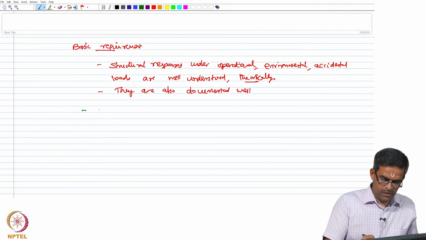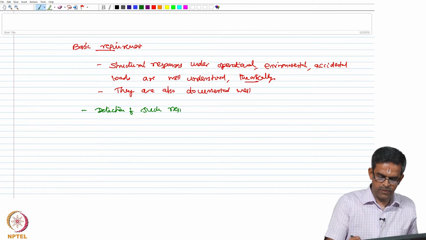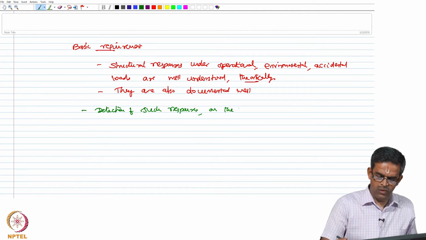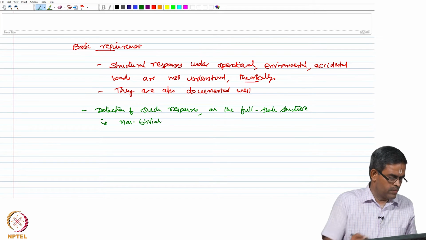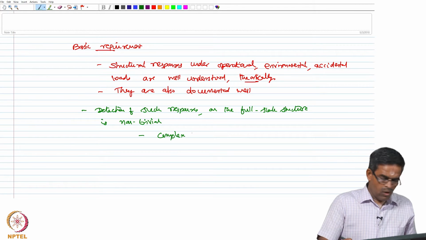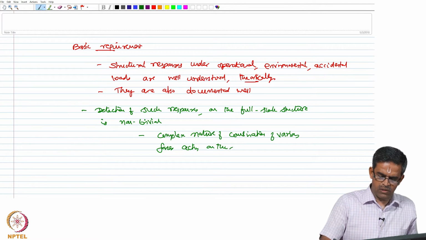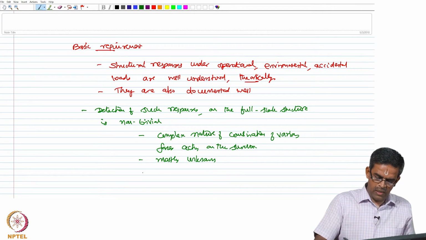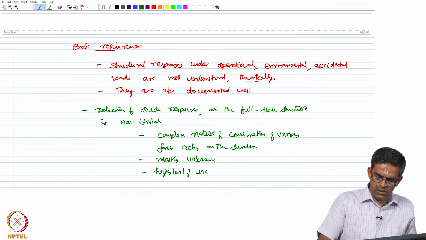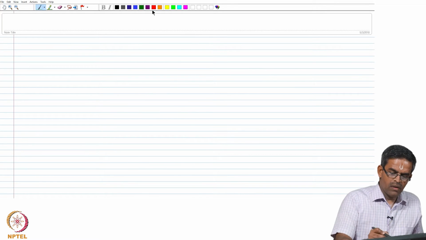But detection of such responses on the full scale model is difficult, essentially due to the complex nature of combination of various forces acting on the structure, which are mostly unknown and they have very high level of uncertainty in their predictions. That is the first necessity.